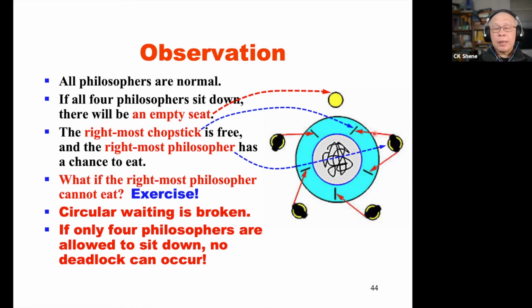So in this case, if every philosopher has his left chopstick, this philosopher would have two chopsticks and he can eat. Now, a simple exercise for you to think about, what if this philosopher cannot eat? What does that mean? Think about it. It's very easy. So if this philosopher cannot eat, can someone in this group of three eat?